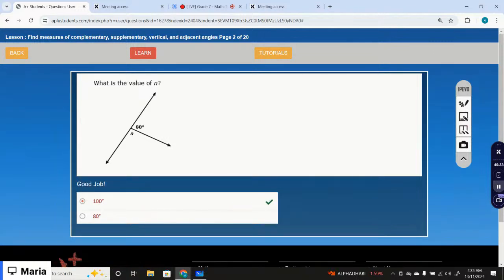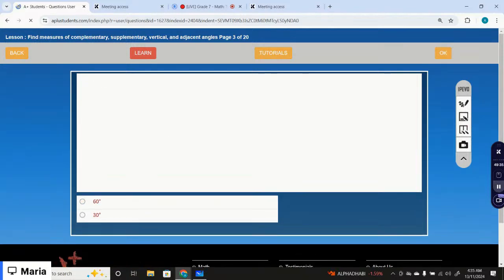Option number 1 is the correct option. What is the value of P? Which is the correct option?